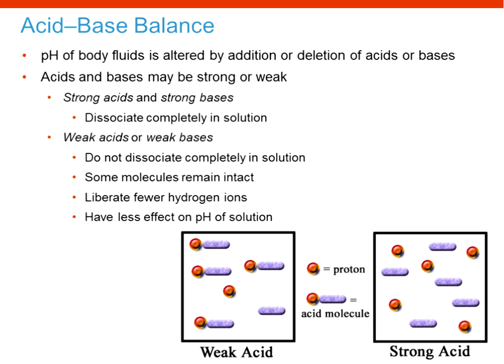So when you look at this picture, what I'm trying to show you is any molecule that has a hydrogen ion that could, in water, donate that hydrogen ion is considered an acid. Weak acids, some of the molecules stay ionically bound, and so the hydrogen ion stays somewhat bound to the negative piece of the molecule. Strong acids, almost all of the molecules dissociate into the negative part and the positive part.